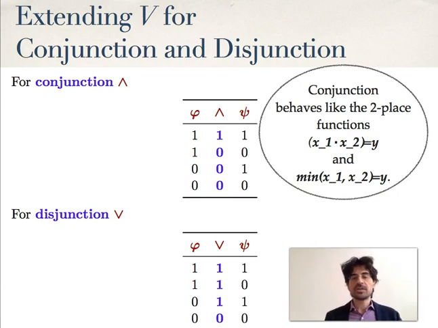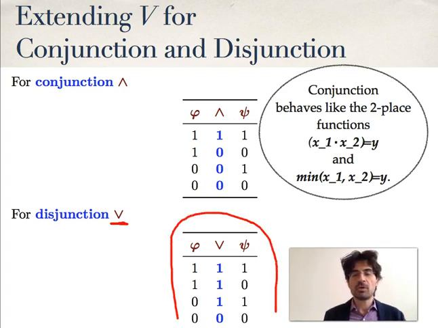Let's now consider the case of disjunction. Disjunction, as you know, is symbolized by this symbol here. And what you see here once again is the truth table for disjunction.